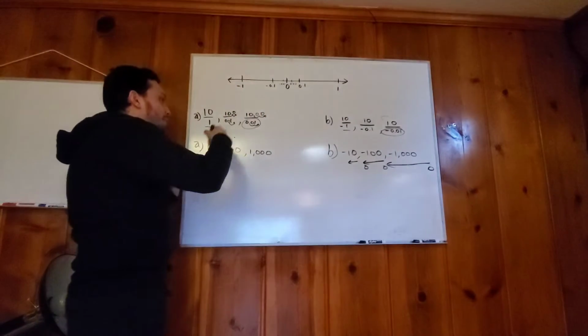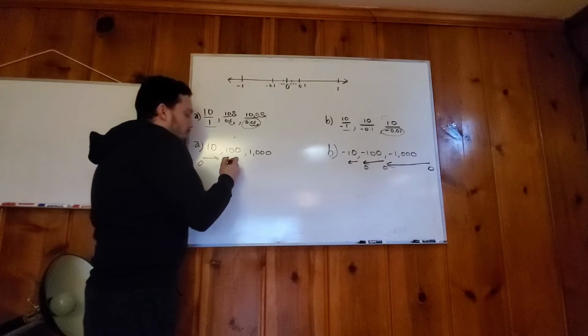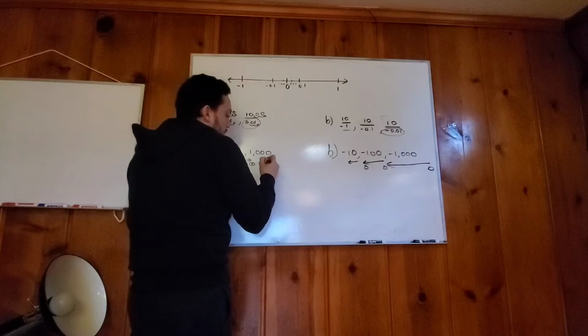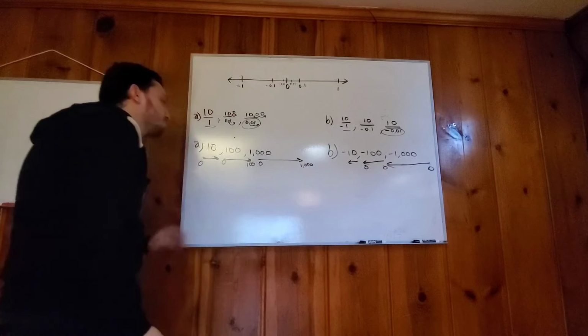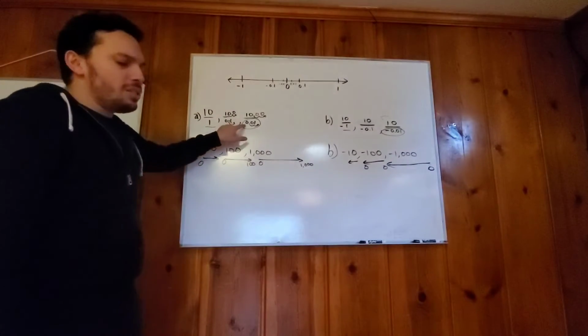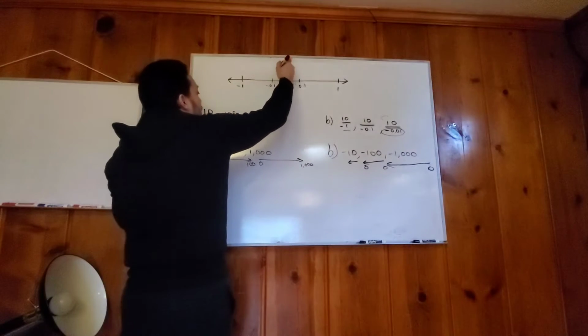Same thing here, except it's positive. 10 is far away from 0. 100 is super far away from 0. And 1,000 is extremely far from 0. So this is kind of weird, because as we start to divide to get closer and closer to 0, in here we get even less and less.